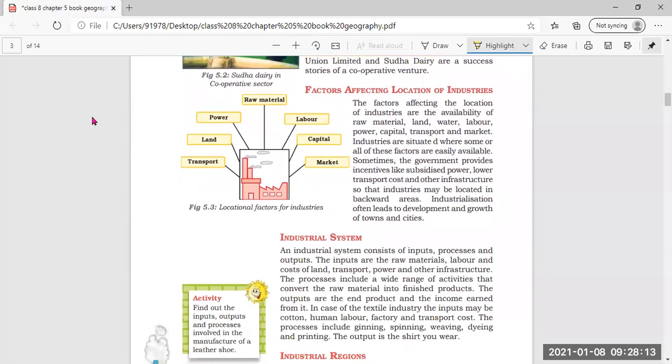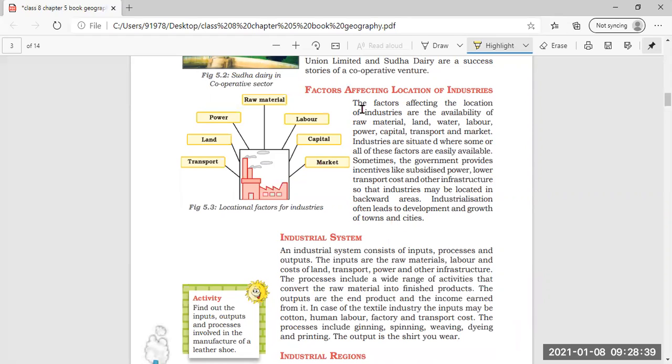Then factors affecting the location of the industry. What all factors are responsible for locating a particular industry? If a person wants to set up a particular industry in an area, what all things he or she should keep in mind so that the industry can prosper in that particular area?